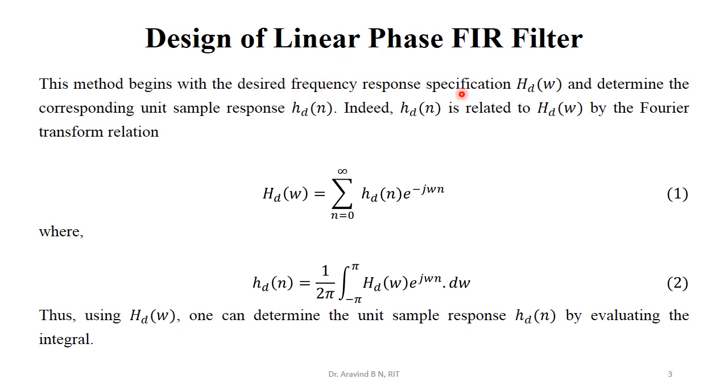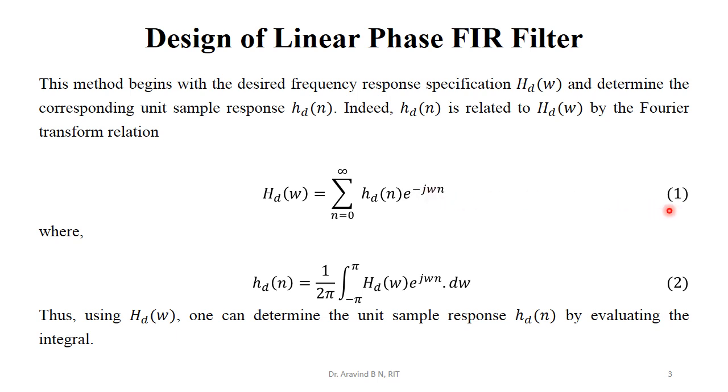Now the desired frequency response specification is given by HD of W, and it is determined by the corresponding unit sample response HD of N. The relation between HD of W and HD of N is given by HD of W equals summation N equals 0 to infinity HD of N e to the power of minus j Wn.